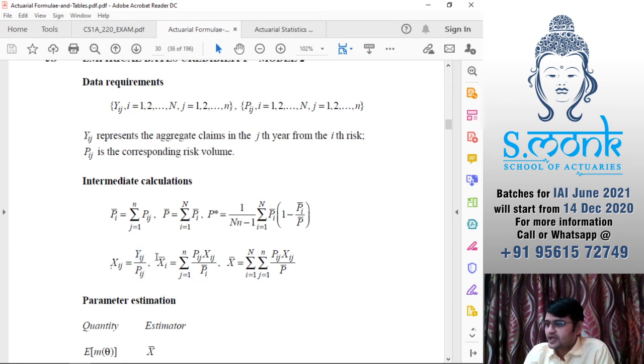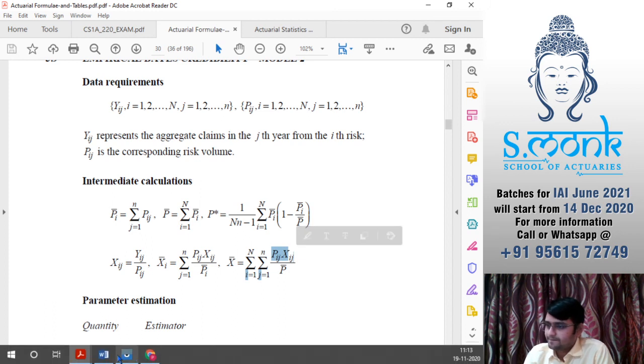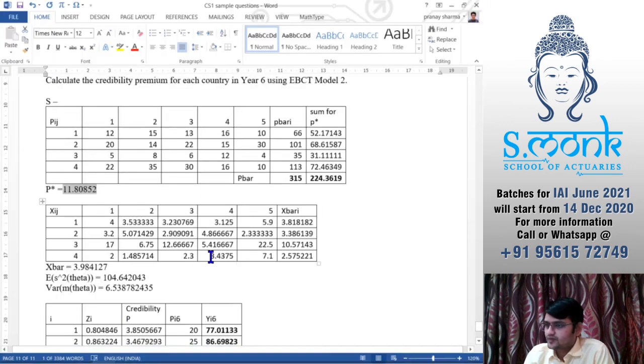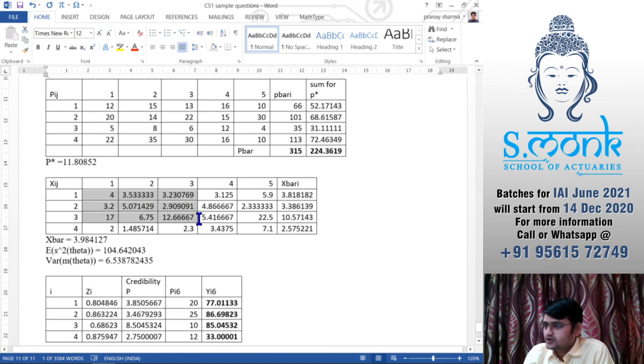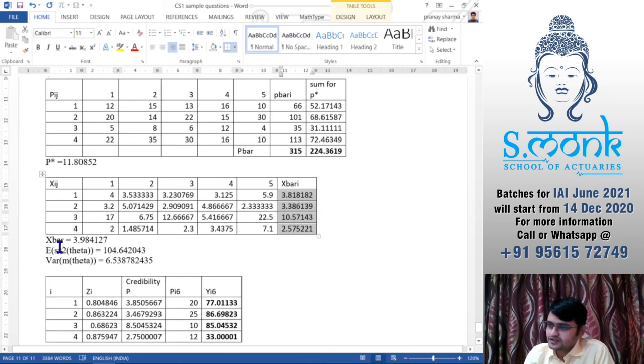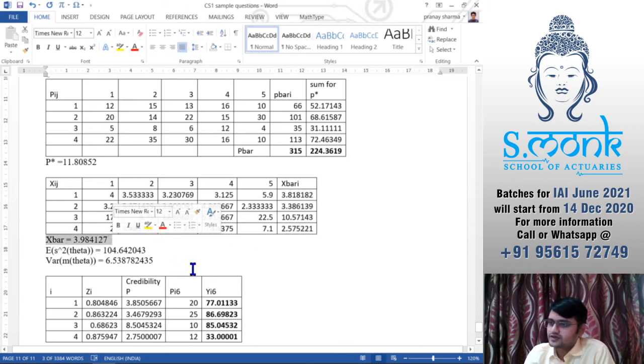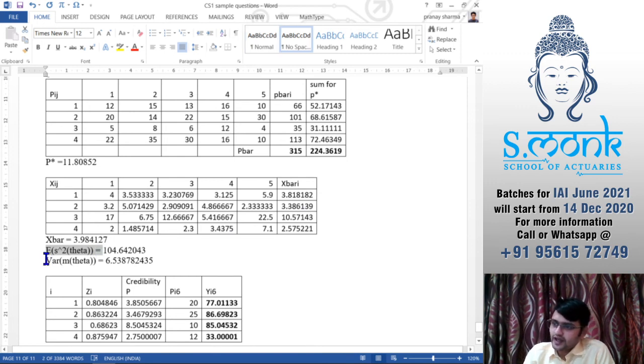Then calculate X bar i's, calculate X bar. So after calculating Xij in all of these, calculate X bar i's, X bar, then the expected value of S square theta, and the variance of M theta.